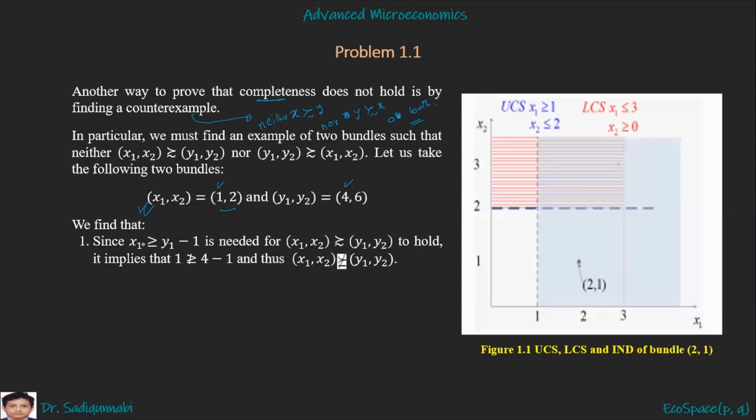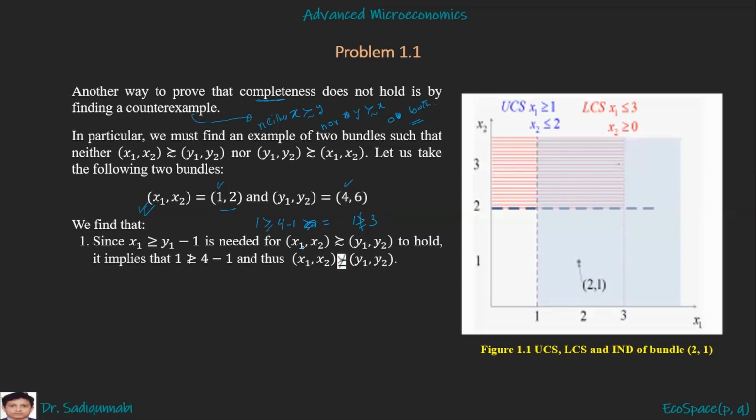The condition is x1 should be greater than or equal to y1 minus 1. So 1 should be greater than or equal to 4 minus 1, that means 3. So 1 should be greater than or equal to 3, which is not possible, which is not correct.